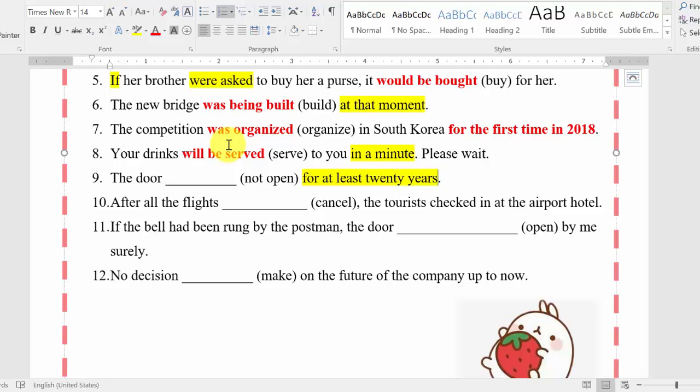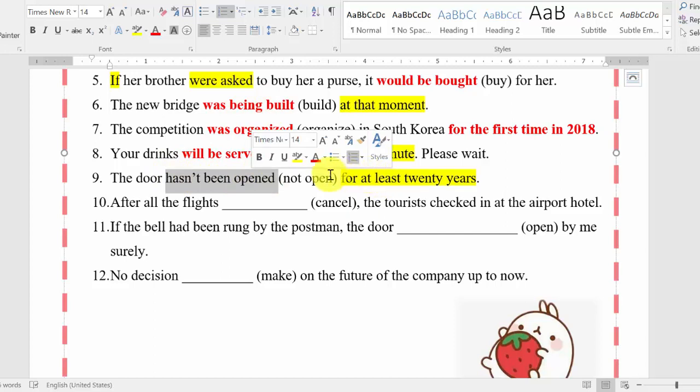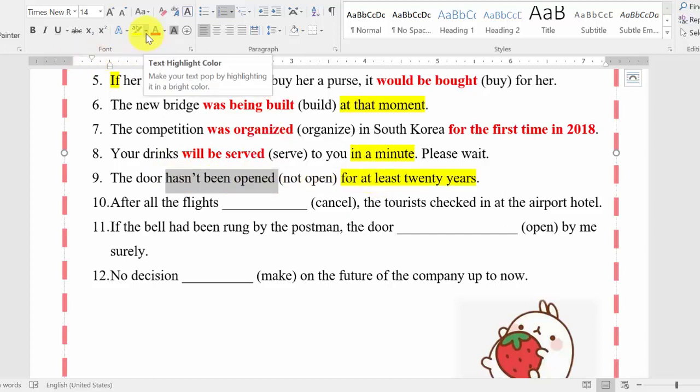So your answer here should be present perfect tense passive form. The answer should be has not, or hasn't been opened. You just have to remember that when you see questions like this and it is in passive form, your answer should either be present or past perfect only.